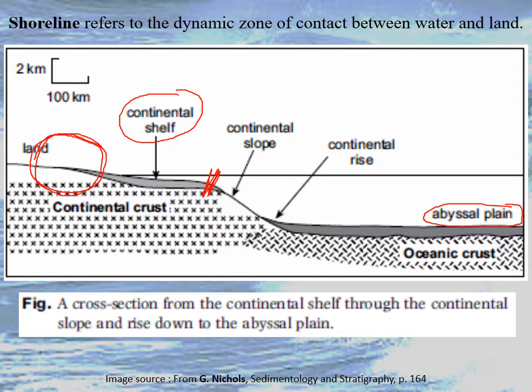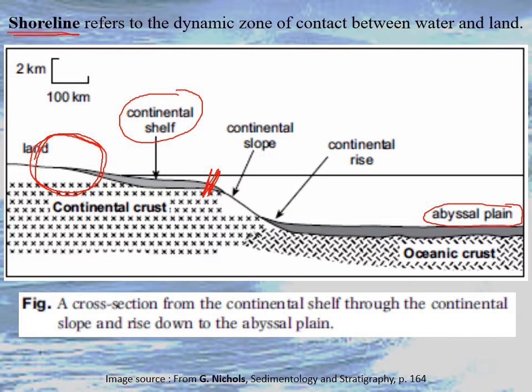So we have to study this area and all the landforms produced here, mainly by different oceanic processes, and later they are modified by some aeolian activity also. Now the most important thing is the zone, or often it is known as the line, but rather it should be a zone which marks the contact between the ocean water and the land areas, known as shoreline, and often it is known as coastline also.